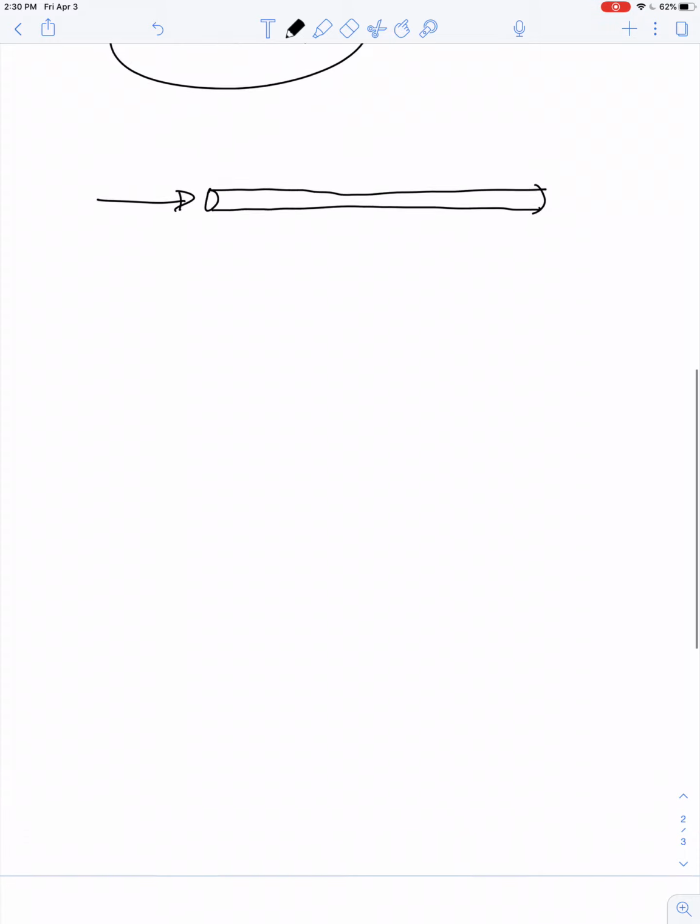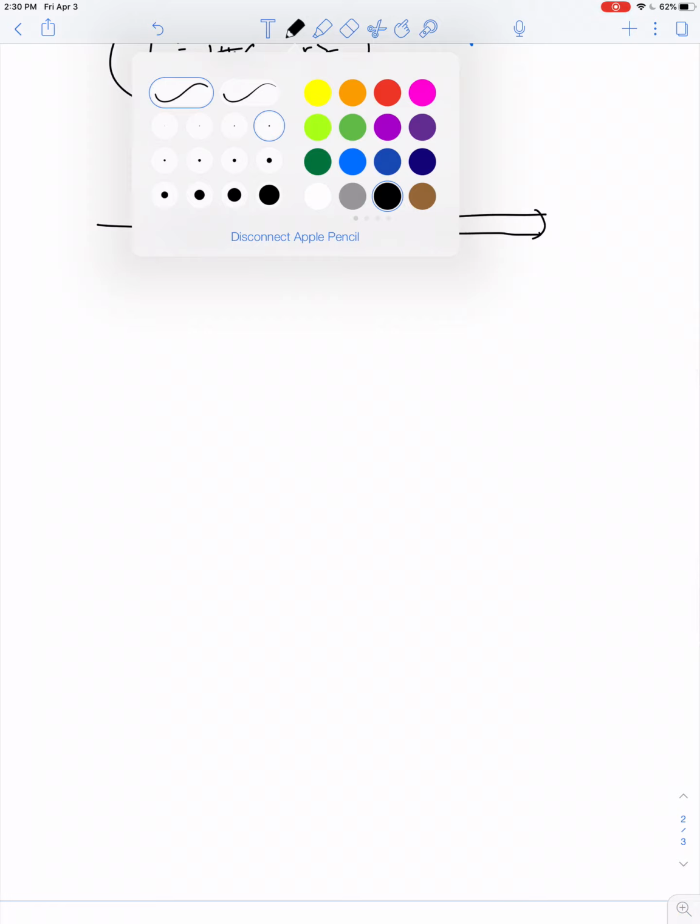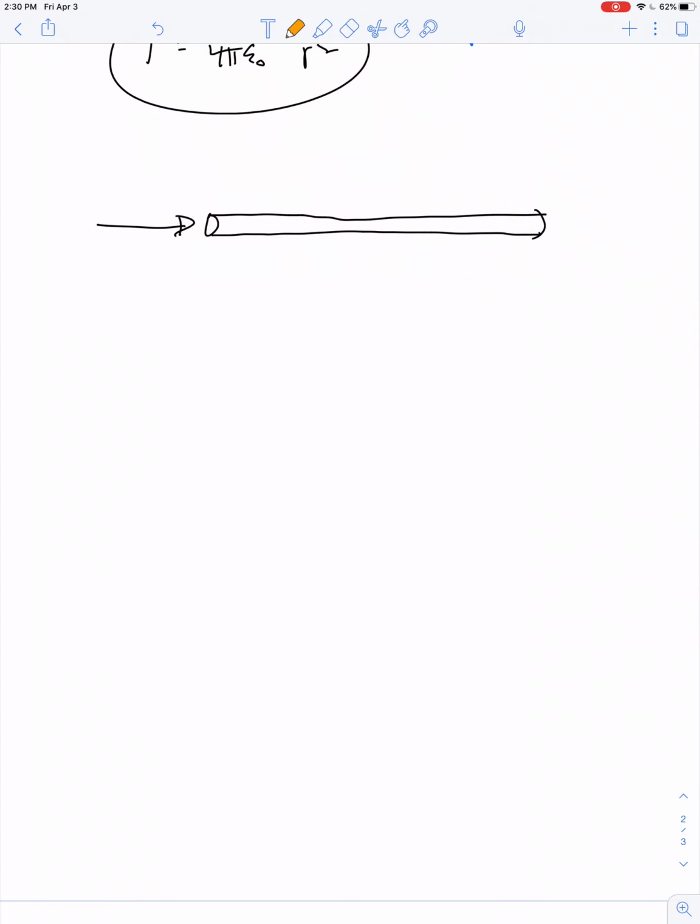Well, I'm interested in figuring out what would happen if I took a wire and ran a current in this direction through that wire. I know that that's going to create magnetic field lines, and the magnetic field lines go in circular paths around the wire.